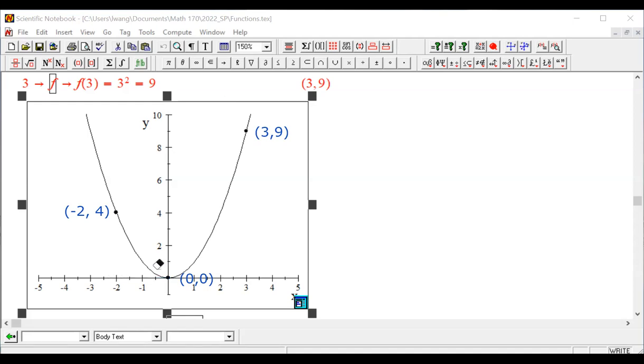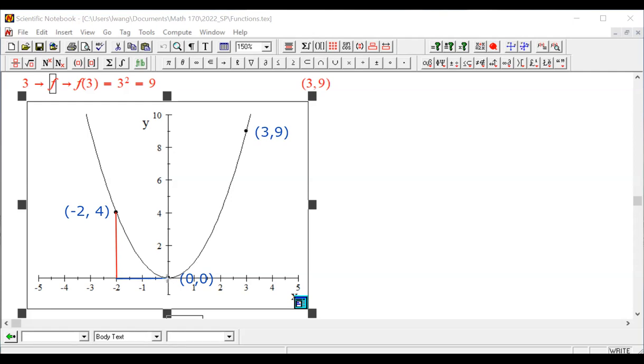Hold on, did I make it too long? I did, right? Measure 2 units to the left because it's -2. And the output is +4, measured from 0, 4 units. You can see the geometric meaning doesn't change.